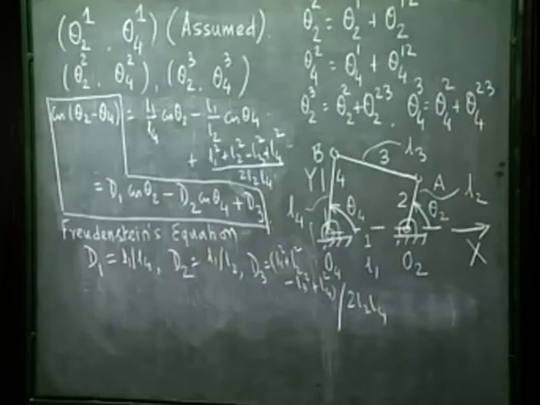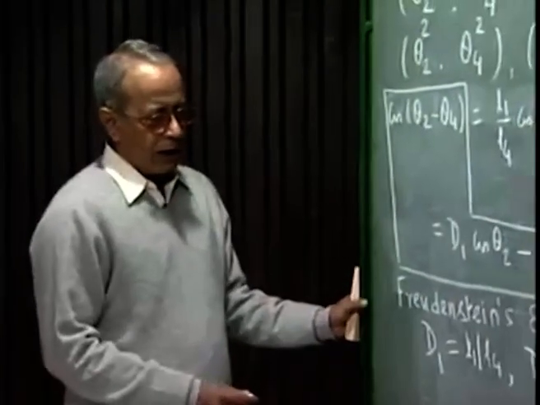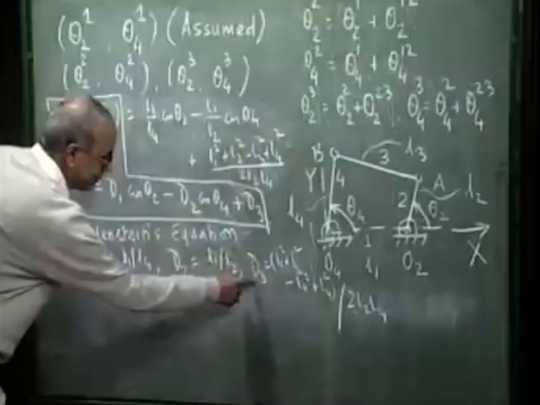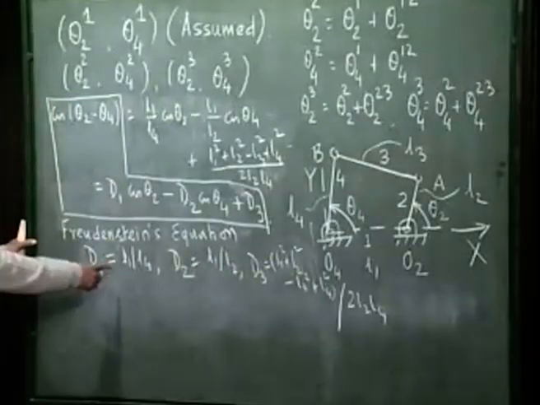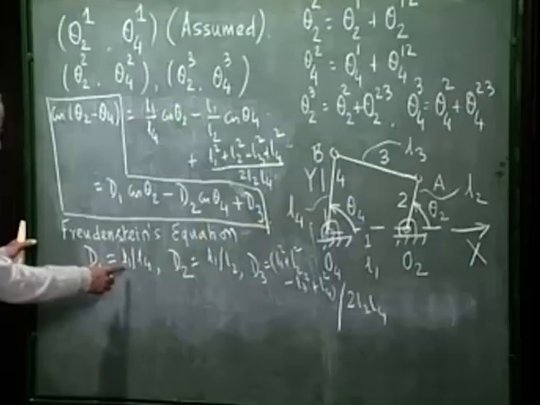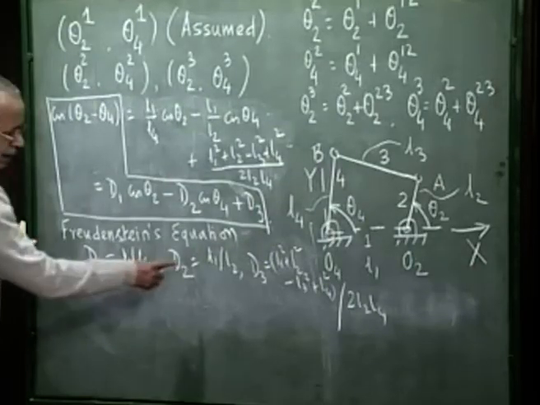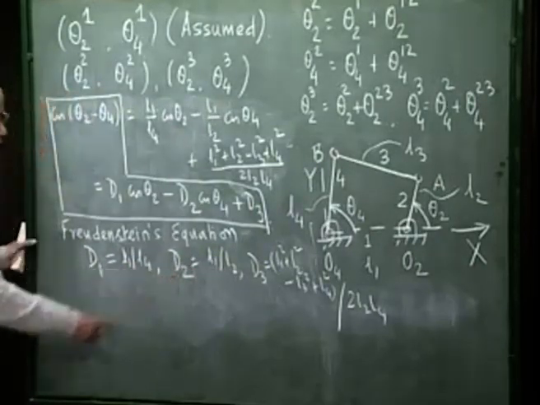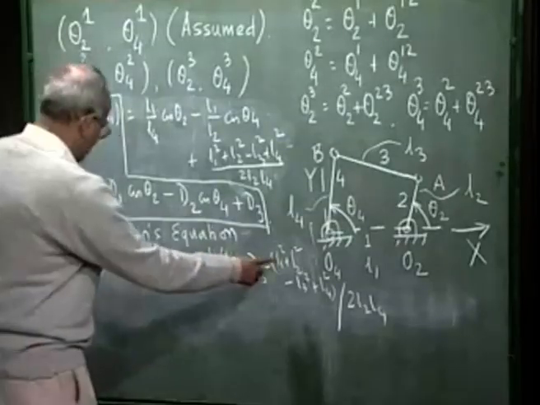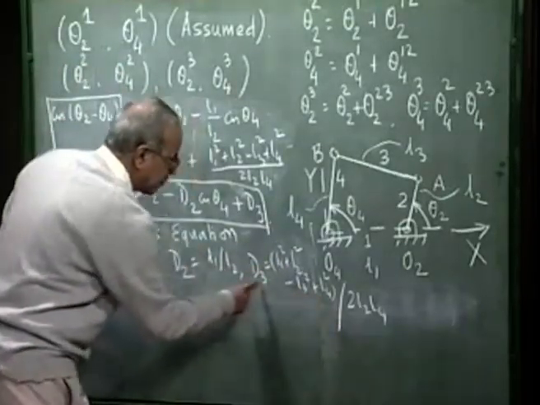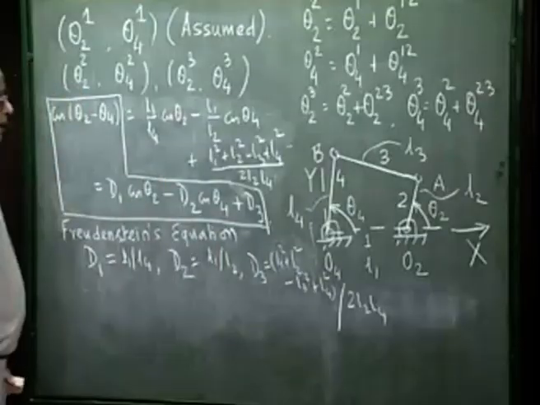Now, thing to note is, from these three design parameters, once we have solved, I can get the link length ratios, namely L1 by L4 from D1, L1 by L2 from D2, and substituting for L2 and L4 in this equation from D3, I can get L1 by L3.